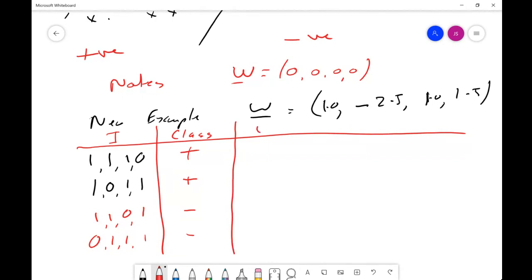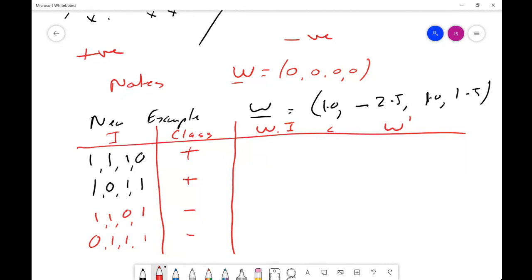And we calculate the scalar product of the weight vector, the correction factor if needed, and the updated weight vector. And for a training iteration, we start off with the initial weight vector.